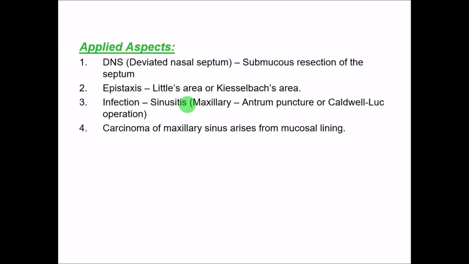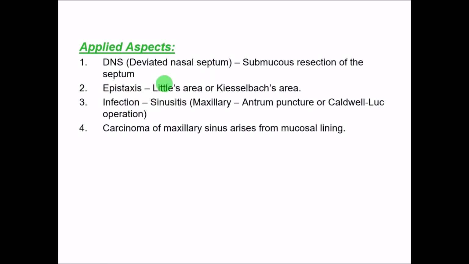Okay, so the very easy way, as soon as there is bleeding, the lay person, the common people, will be afraid that there is severe bleeding, but it is very easy to stop this epistaxis. Just apply pressure on Little's area, and that leads to stoppage of the bleeding from the nose. Okay, the third is infections, especially of the air sinuses.